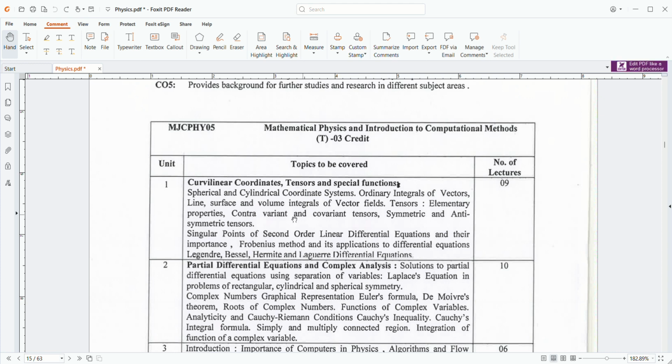Tensor: elementary properties, contravariant and covariant tensors, symmetric and antisymmetric tensors, singular points of second order linear differential equations and their importance. Frobenius method and its applications to different equations, Legendre, Hermite and Legendre differential equations. So unit 1 has this, and next you see unit 2.